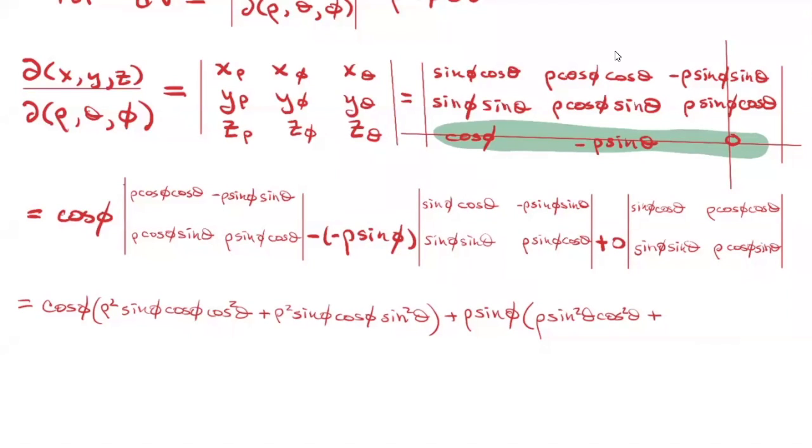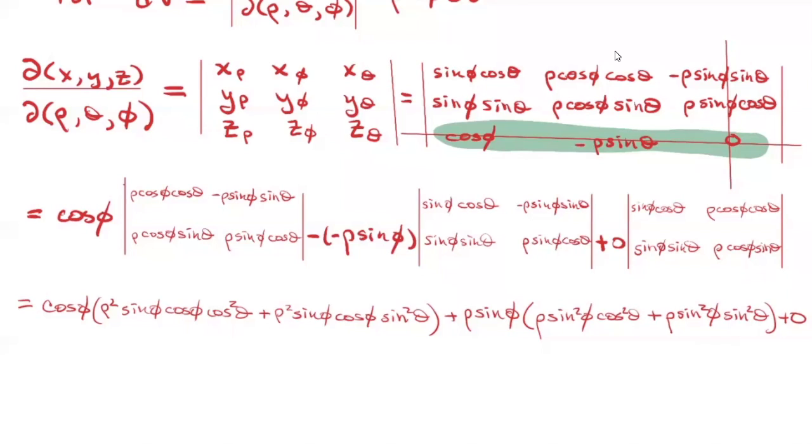That's good. So there's going to be a rho sine square phi sine square theta, and I think I made a mistake. Just to the left, that should be a sine square phi, I believe. Sine square phi, sine square theta, right? Like that. And then there's a plus 0 at the end of all that.